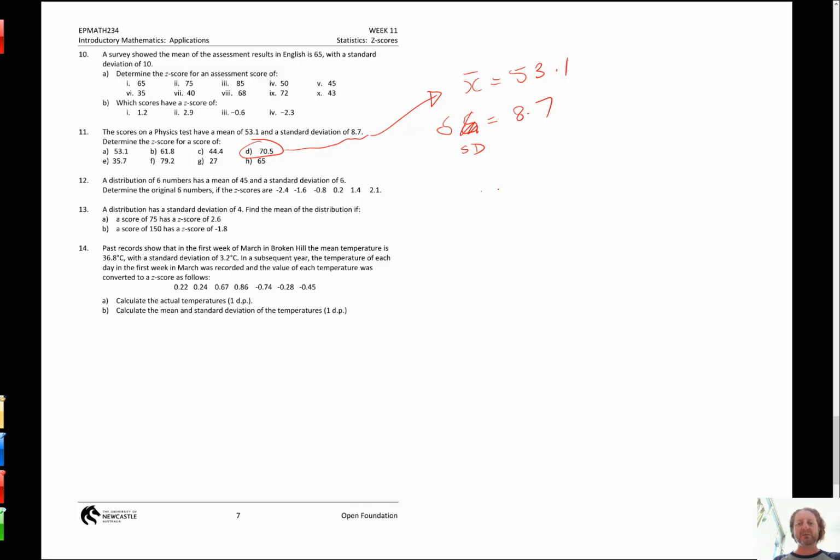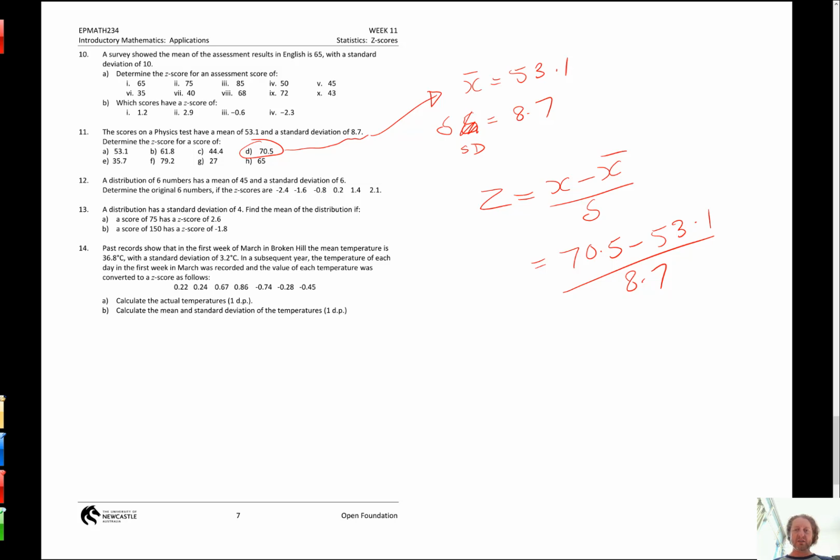As soon as it said determine the z-score, I know that the z-score of any situation is the score we're discussing minus the mean divided by the standard deviation. The score we're discussing is 70.5. The mean is 53.1 and the standard deviation is 8.7. I'm not going to go through many hoops here.